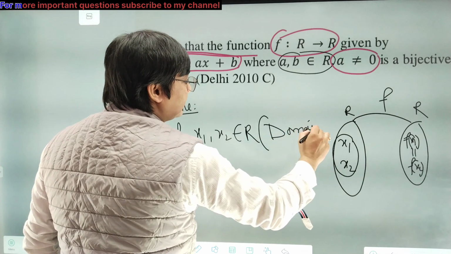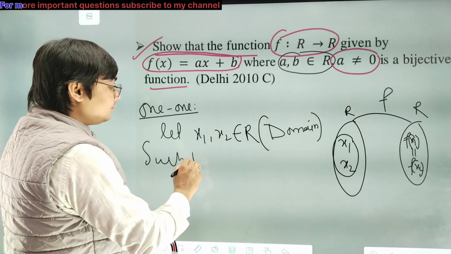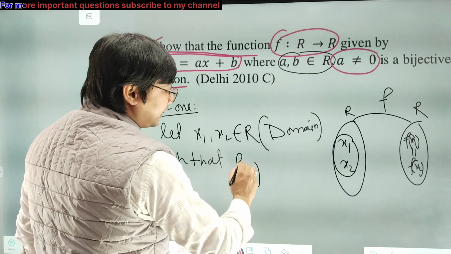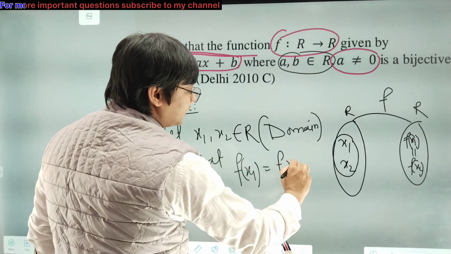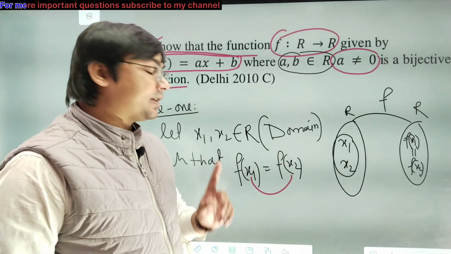So we consider two elements in the domain such that their images are equal, that means f of x1 equal to f of x2. Now we need to verify whether x1 is equal to x2 or not.